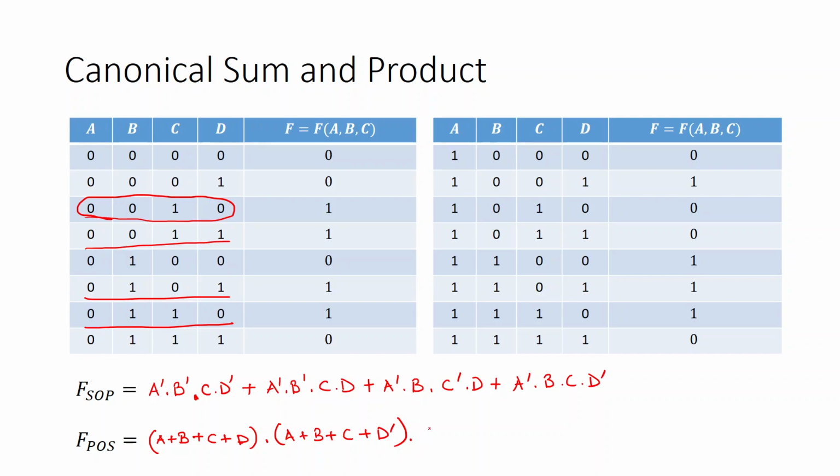Then you have A or B dashed or C or D, A or B dashed or C dashed or D dashed. Correct? So for this particular truth table, we have written down the SOP and POS.